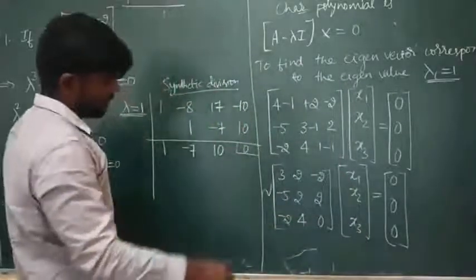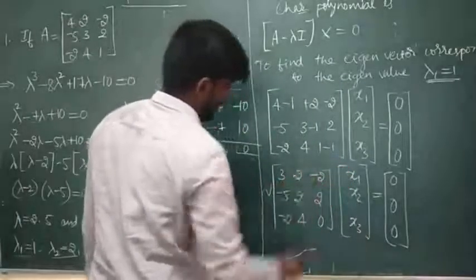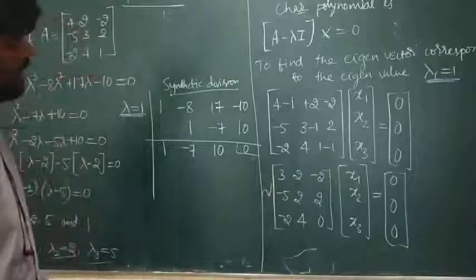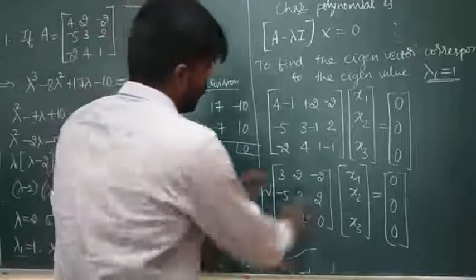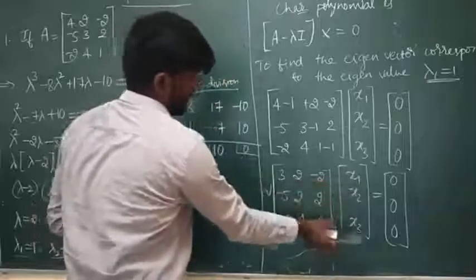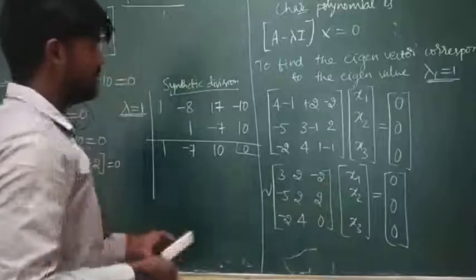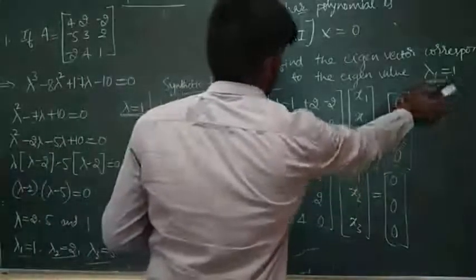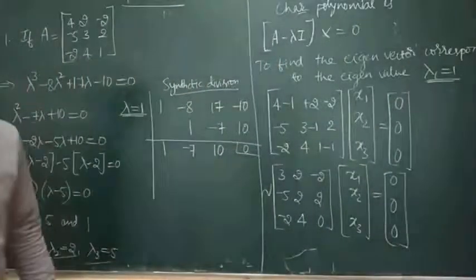Therefore, by multiplying these two matrices, we get the 3 equations. By these 3 equations, we get to know the values of x1, x2, and x3. This is called the eigenvector for the corresponding eigenvalue lambda 1 equals 1.